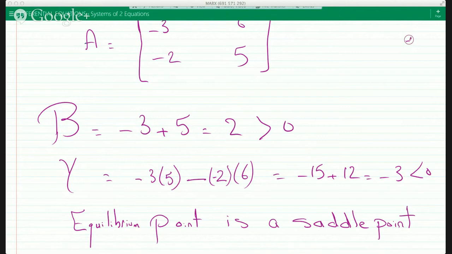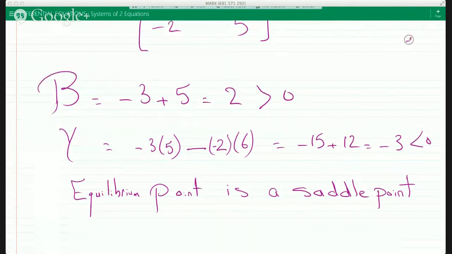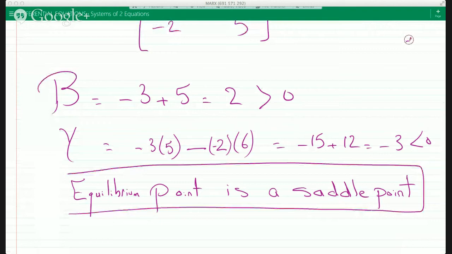The origin is a saddle point. All right, that's because this gamma is less than 0.